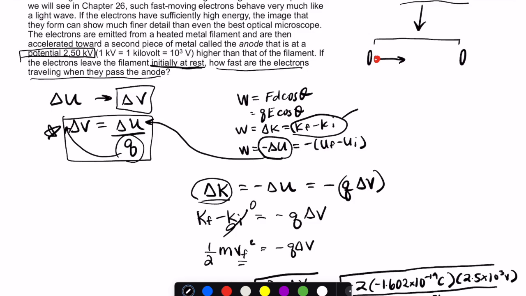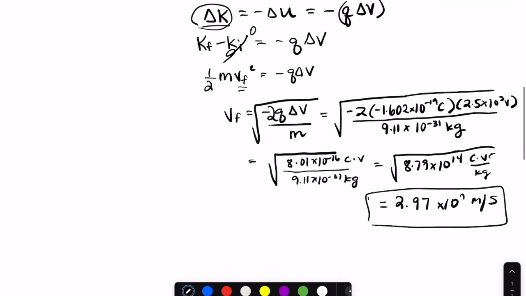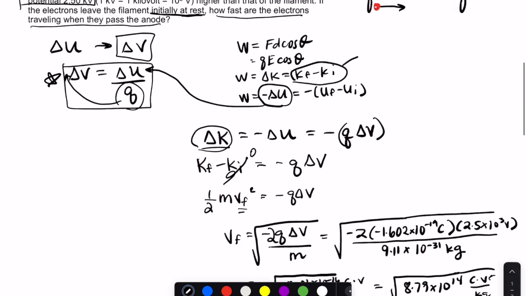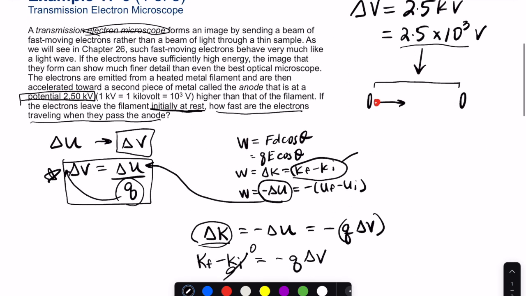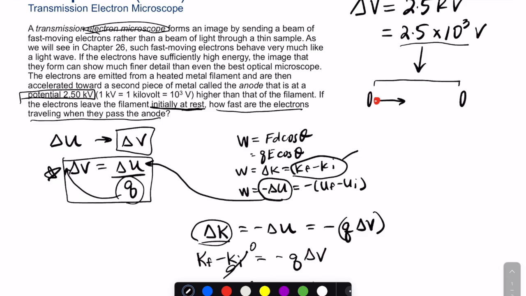We're tracking all the electrons in this beam, and each electron is accelerating through a potential of 2.5 kilovolts and being given enough energy to move them at 2.97 times 10 to the 7 meters per second. Okay, so that ends this example 17.6, transmission electron microscope.